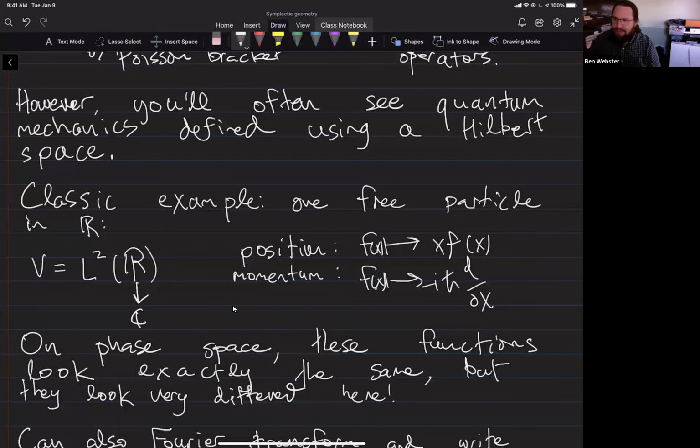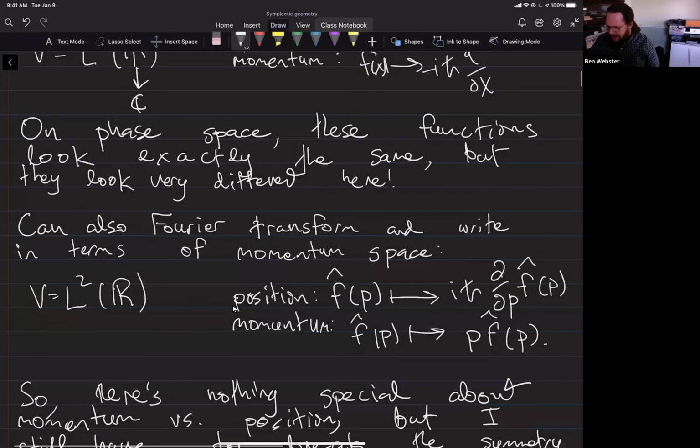I need to send one of them to minus, but thinking about mechanics in terms of symplectic geometry, these two are on completely equal footing. So it looks pretty strange that when we go to this usual manifestation of quantum mechanics, they're somehow treated really differently. But they don't have to look that way.